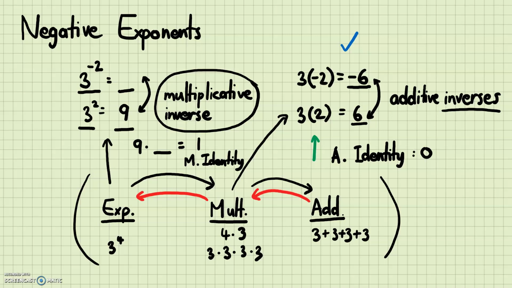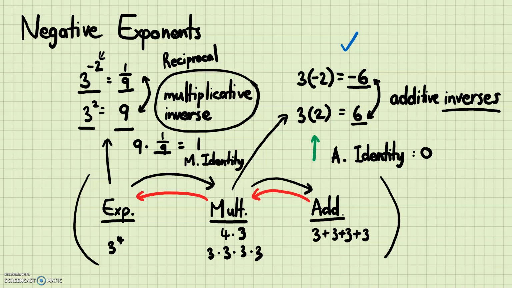For some of you, you might recognize that 9 times 1/9 will give you 1. So the multiplicative inverse is the reciprocal. So when you see a negative power, a negative exponent, think multiplicative inverse or the reciprocal of that number.